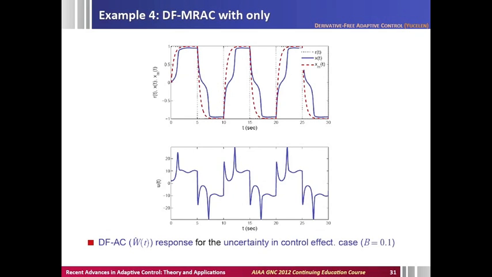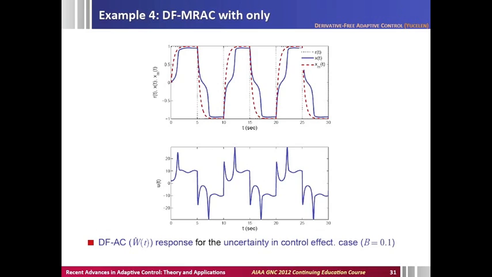Now I changed the B matrix to 0.1. All I meant was this lambda is now 0.1, and due to this fact, this is the derivative-free performance. But since we didn't add the additional two weight update laws, it performs kind of weird.